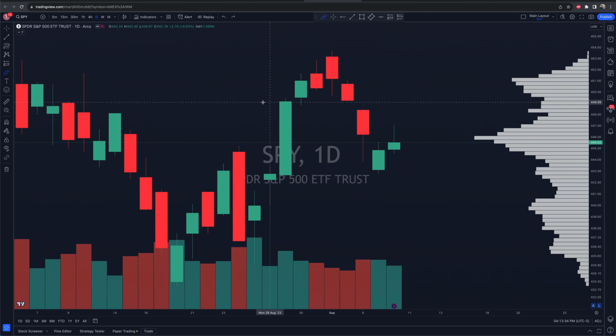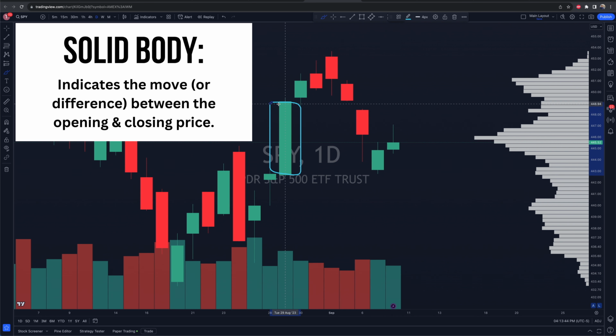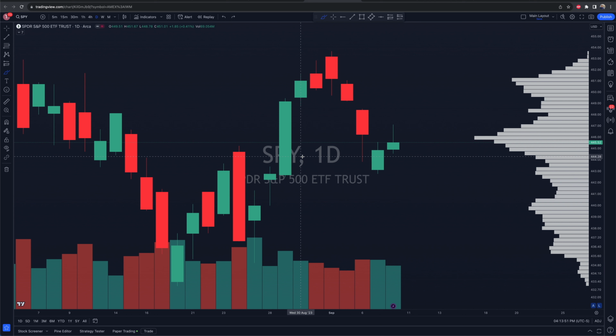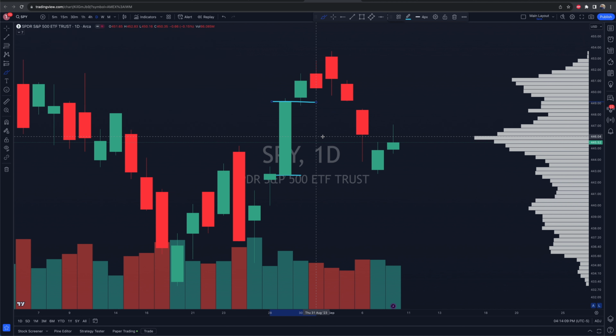Now, the body that we have right here, for example, this nice green candle, shows essentially the difference from open to close. Now, on a green candle, this is very important. You can customize the colors, but on a standard green candlestick, the bottom of the solid part is the open, and the top of the solid part is the close for that candle.